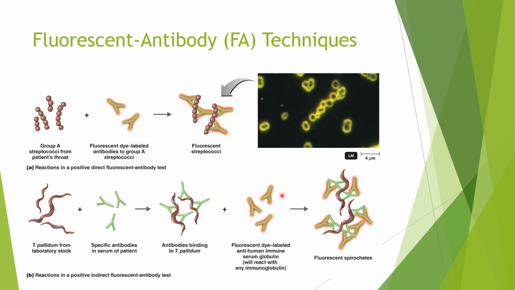And so what we do is we add a fluorescent secondary antibody, and those secondary antibodies are going to bind to the patient's antibody. If they do bind, when you look at it under the microscope, you are going to see those bacteria fluorescing.